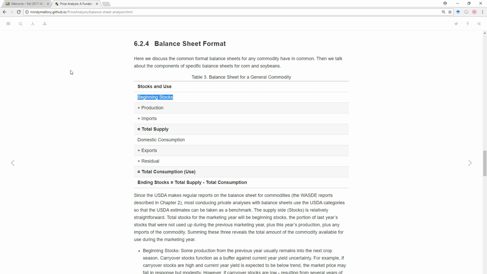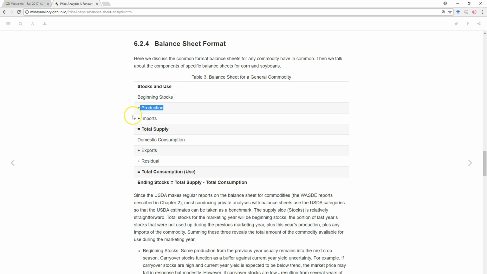So on a balance sheet, we're always going to say, how much do we have left over from last year? And we're going to put that in the line beginning stocks. Then the production line is going to be pretty simple. That's basically going to be our acreage estimate and our yield estimate. Multiply acres times yield, and you'll get total production in, say, bushels if we're talking about corn.